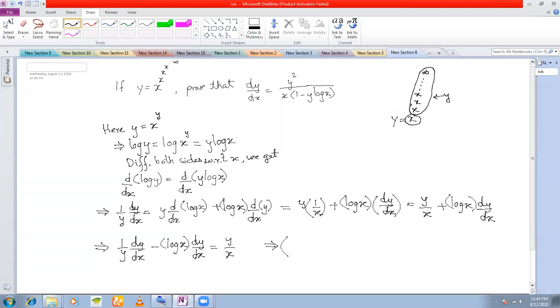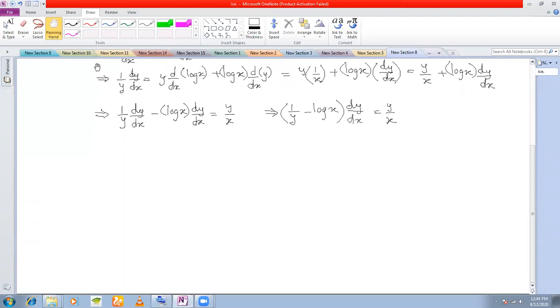Okay, that means now I take dy/dx common: 1 by y minus log x, times dy/dx, is equal to y by x. Okay, so in the next step, I take y as my LCM.